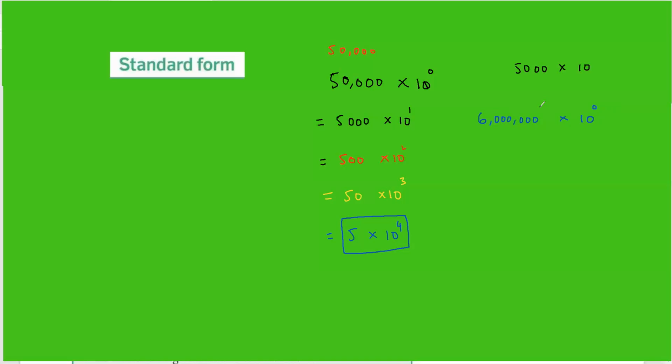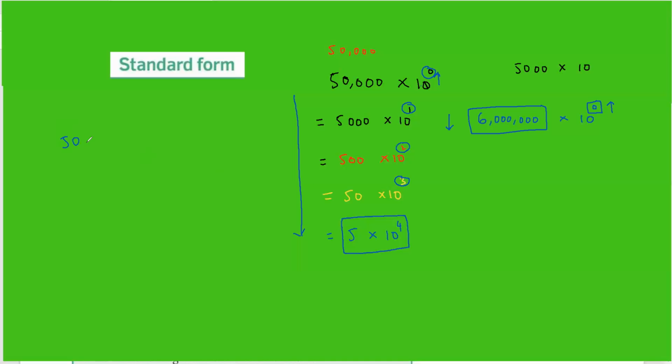So you would be decreasing the value of 6 million. If this value goes down, the power on 10 will go up. Like you have seen in all these examples, it was 50,000 times 10 raised to power 0. Then this number is going down, and you see that the power on 10 is going up. It was 0 here, then 1, then 2, and then 3.